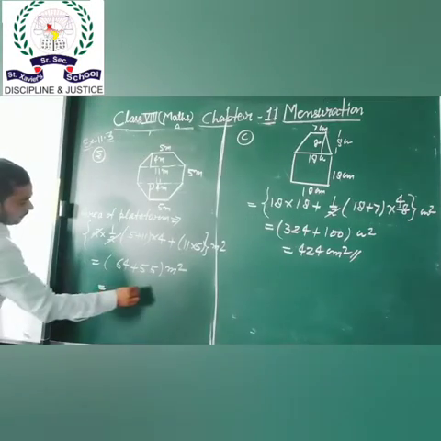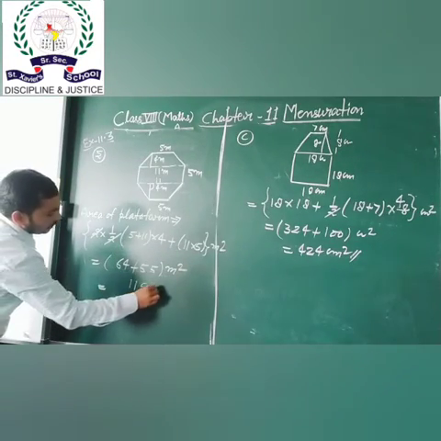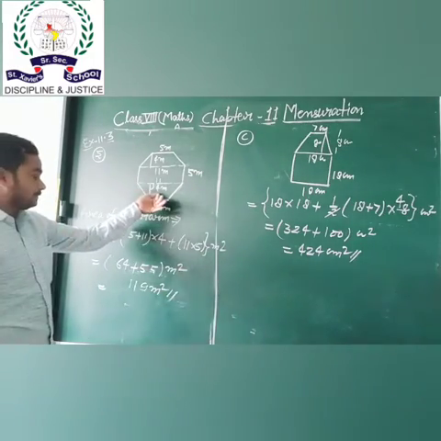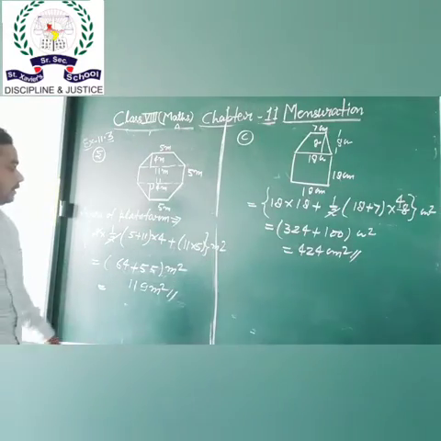Then add: 64 plus 55 is 119 meter square. So the area of this regular octagon is 119 meter square.